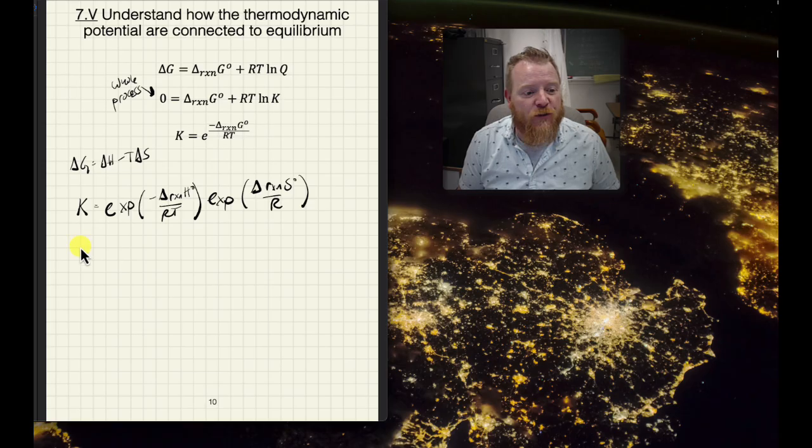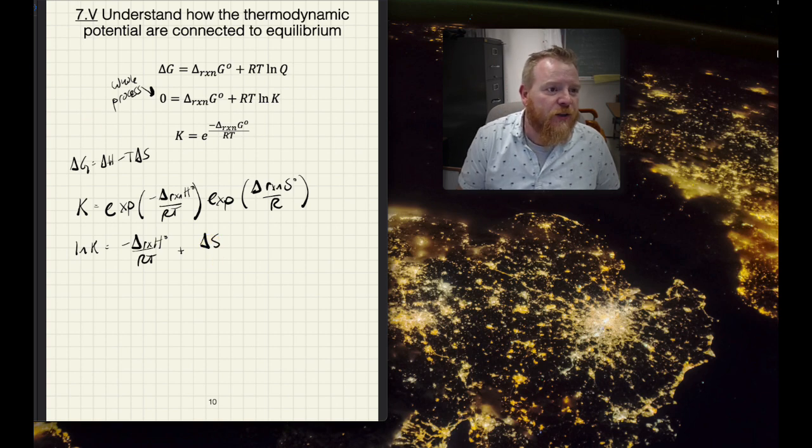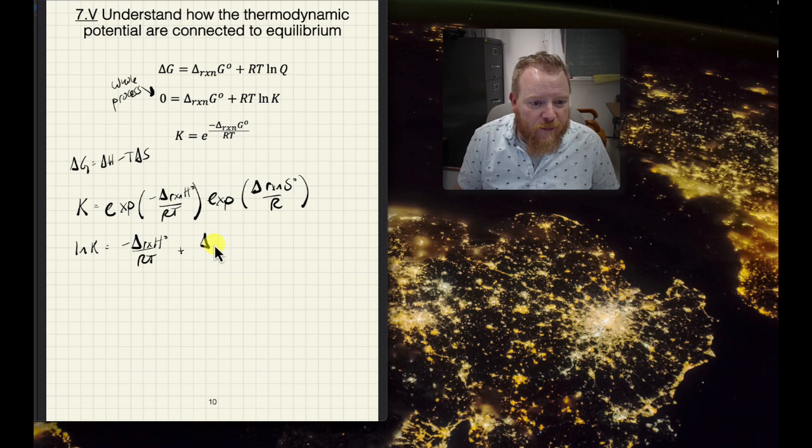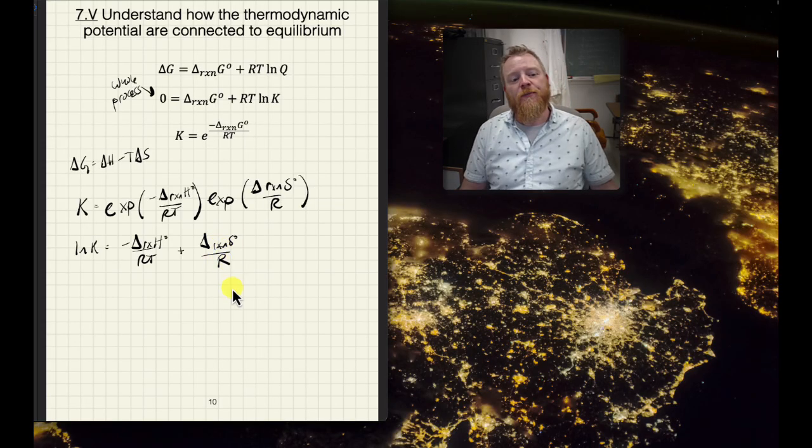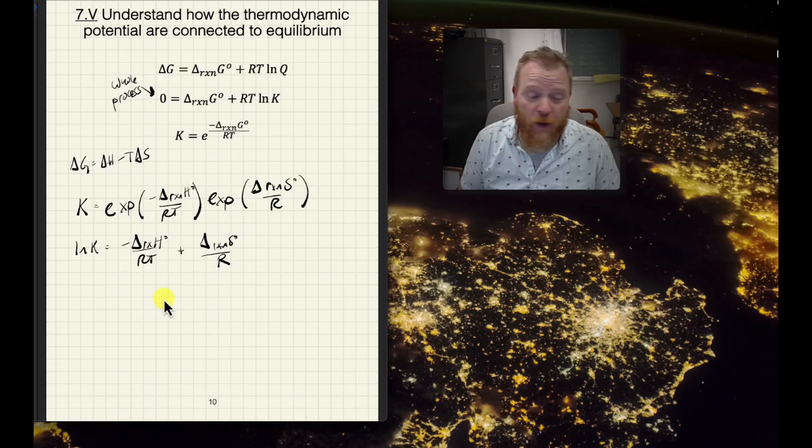And if I take the natural log of both sides, I get natural log of K equals negative delta H of reaction divided by RT plus delta S Rxn divided by R.